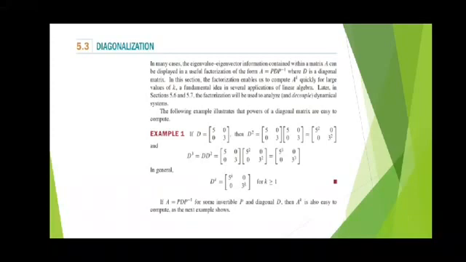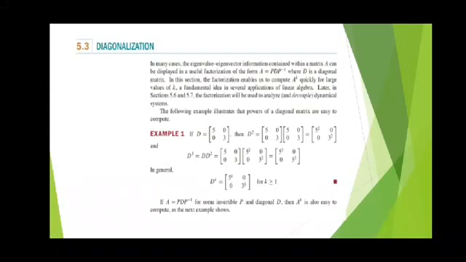Next we compute D cube. D cube means D into D square. We already know D square, so we take D into D square, that is [5 0; 0 3] into [5 square 0; 0 3 square]. Calculating this, we finally get [5 cube 0; 0 3 cube].